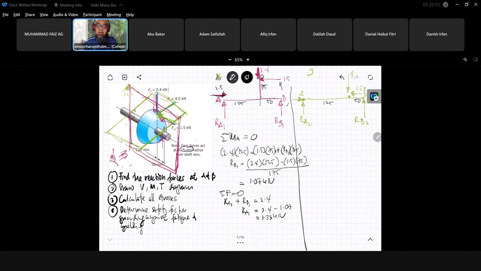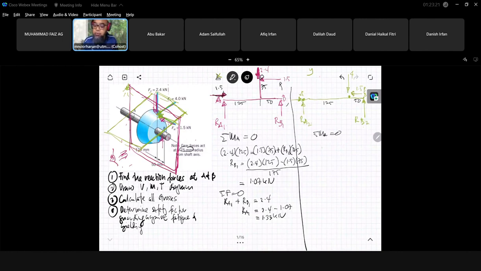For the second plane, do it the same. So sigma MA equal to 0. Kemudian you akan dapat, you kira 4 kilonewton moment about A, so opposite direction with RB2.